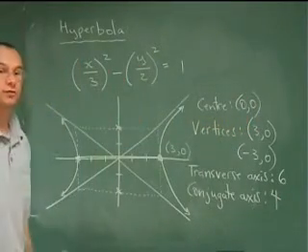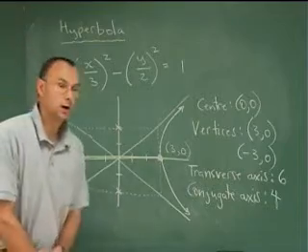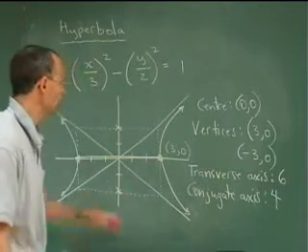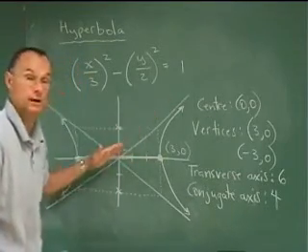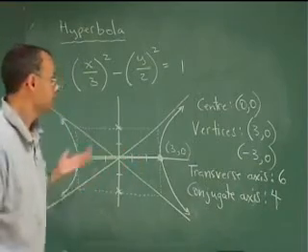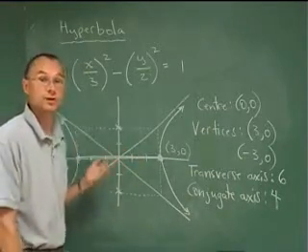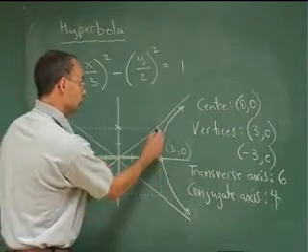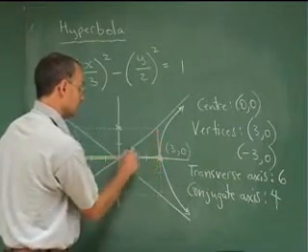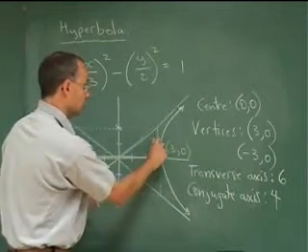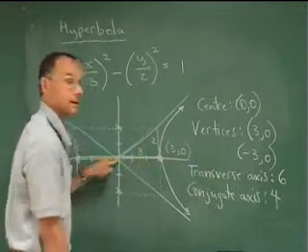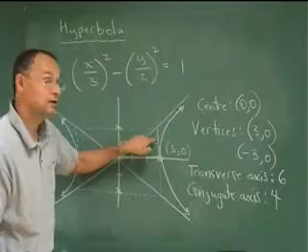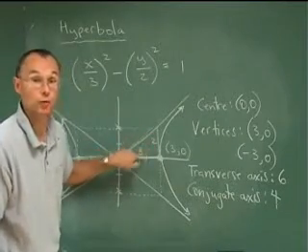There's one other piece of information that's often requested with hyperbolas, and that is, what are the slopes of these very important guidelines, or asymptotes? Well, if you think about it, it's very simple if you use the rise and run approach. If we use a little triangle like here, we know that we went up 2, and we went over 3. So this would be a rise of 2 and a run of 3, so 2 over 3.